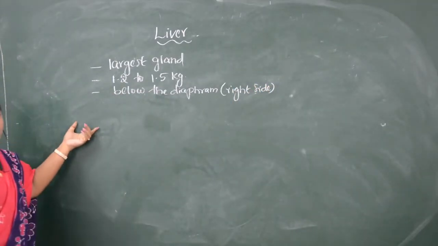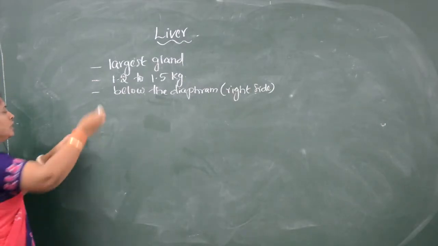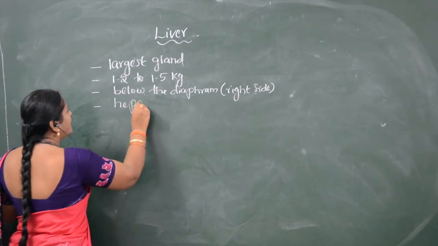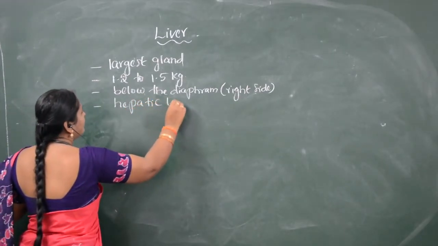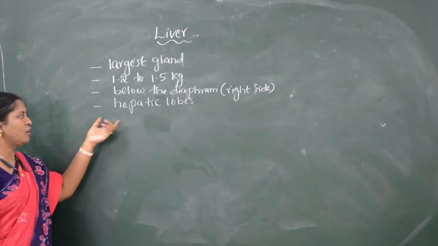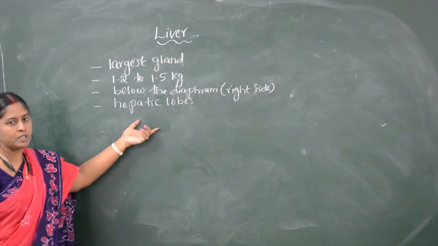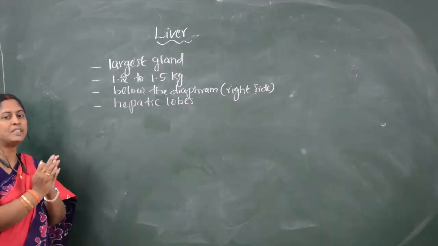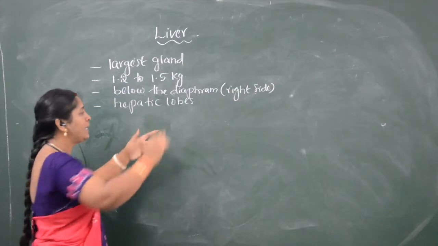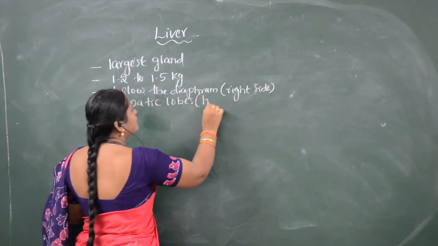Liver consists of two lobes. The lobes of the liver are called hepatic lobes. The shape of these hepatic lobes is hexagonal.